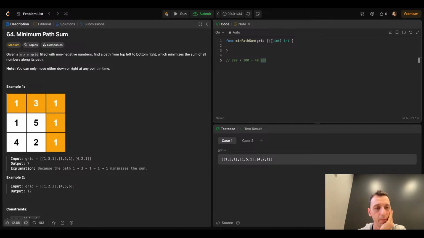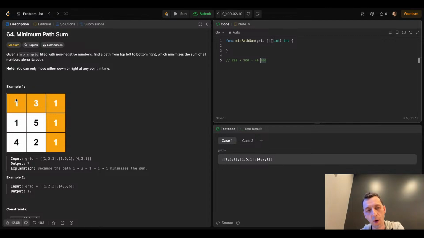And calculate the sum. So like here, this path, and go over the different steps. And by the way, note you can only move either down or right at any point in time. The next could be like 1, 3, 5, 1, 1.